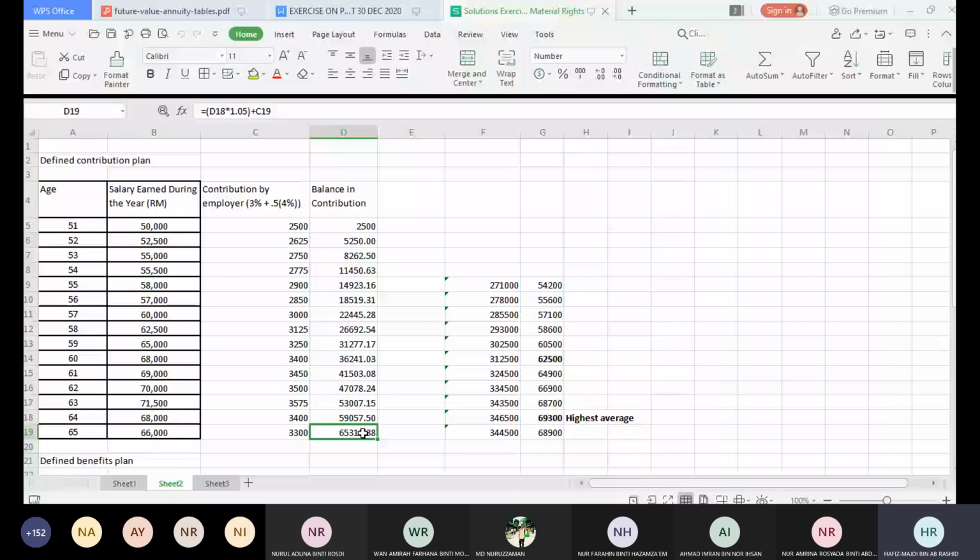We'll just recognize it as expenses and liability. So that is the first question with regards to the employer fixed contribution toward their employees. I think this one is quite straightforward.